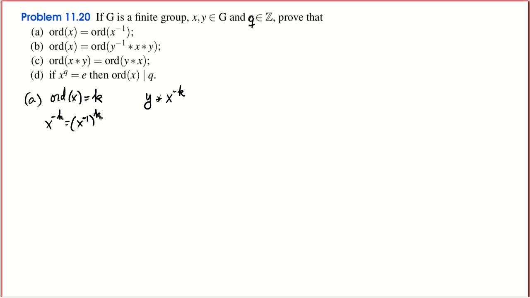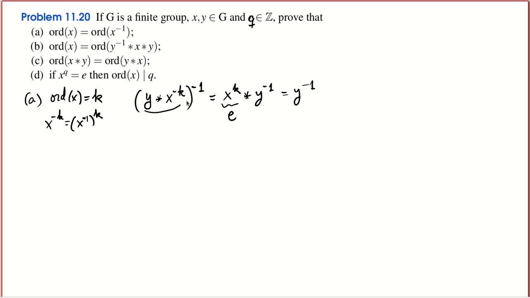Okay. So we take this and we calculate what the inverse is. Well, the inverse of this is, of course, the product of the inverses in reverse. So the inverse of this is just x to the k, and then you have times the inverse of y. Okay, x to the k, by definition of the order, is just e, so this is just y to the minus 1.